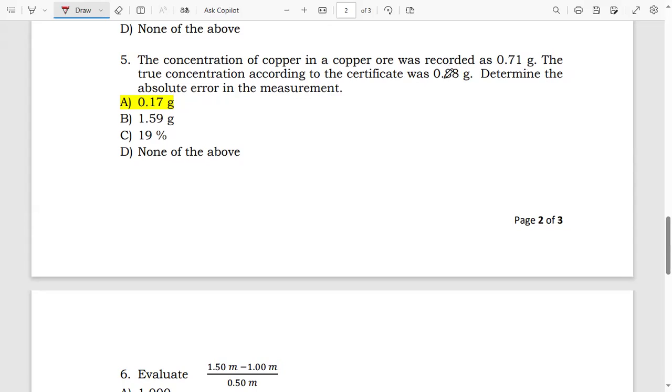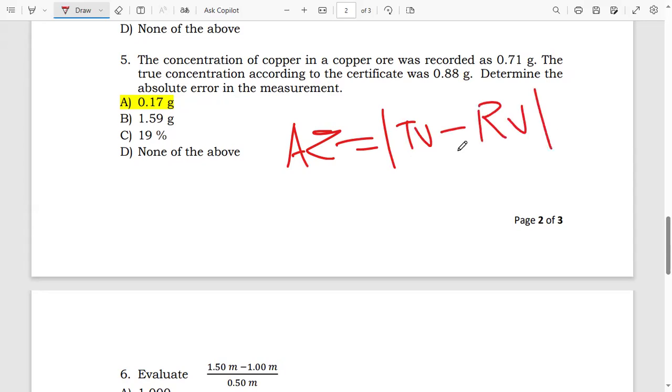Okay, determine the absolute error in the measurement. Okay, so here you just have to know the formula for the absolute error. So absolute error is equals to the modulus, okay, of the true value minus the recorded value. Or you can say recorded value minus the true value. It doesn't matter, okay, because you have these modulus that will make whatever value that you get inside here, they will make it a positive.